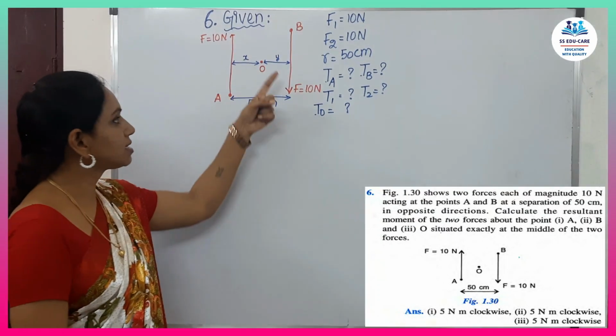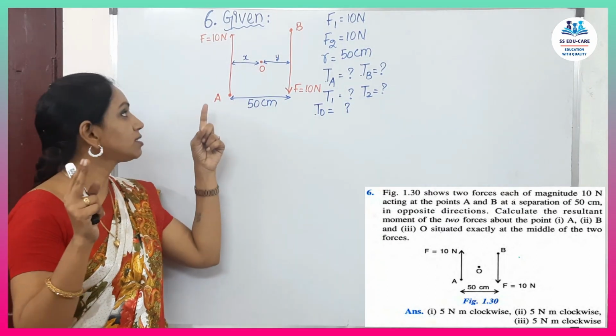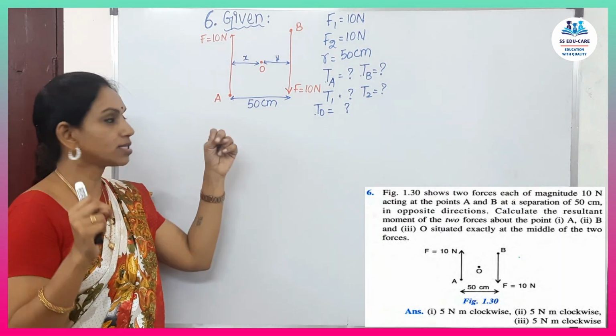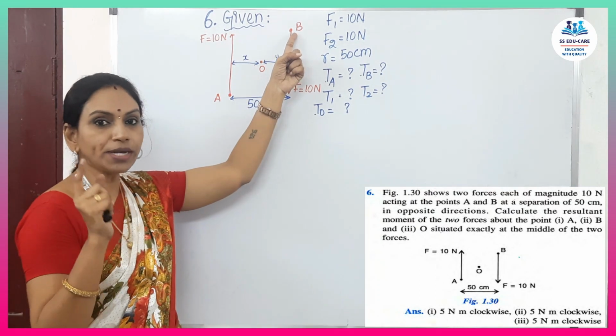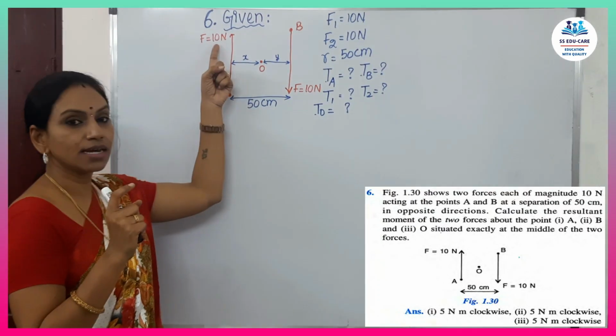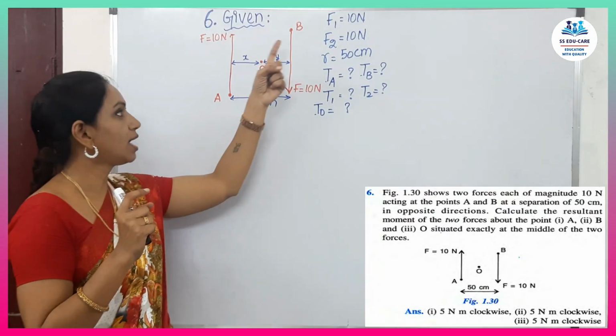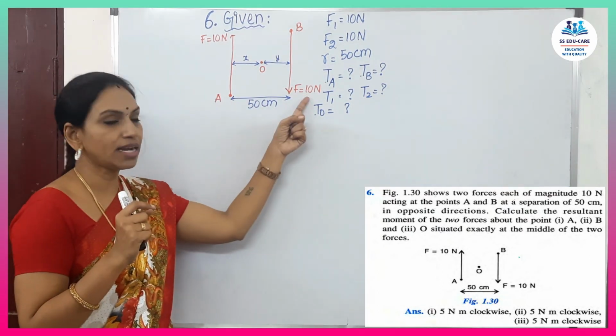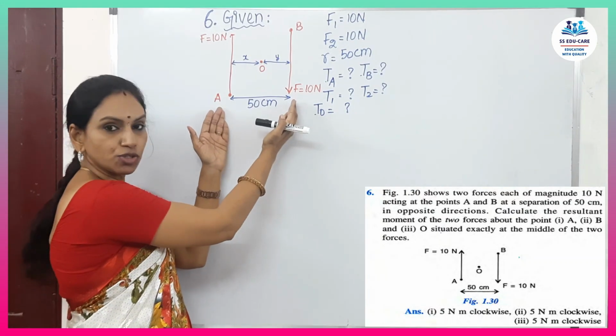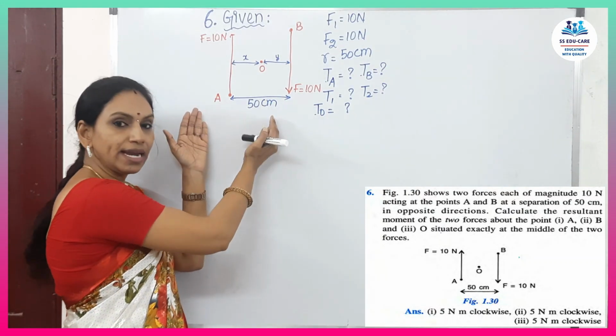Now see, this is the diagram. Two forces are acting at 2 points. Let me take this point A and this as point B. The force at A is moving upwards and at B is moving downwards. Forces are equal, 10 Newton, 10 Newton. The distance between these 2 points is 50 centimeter.